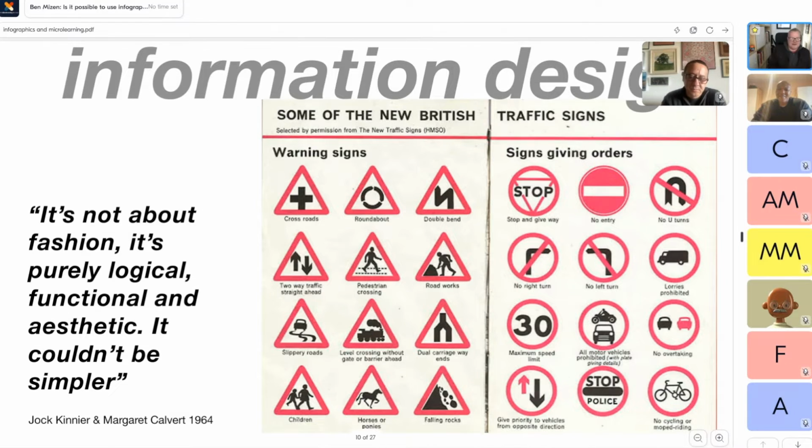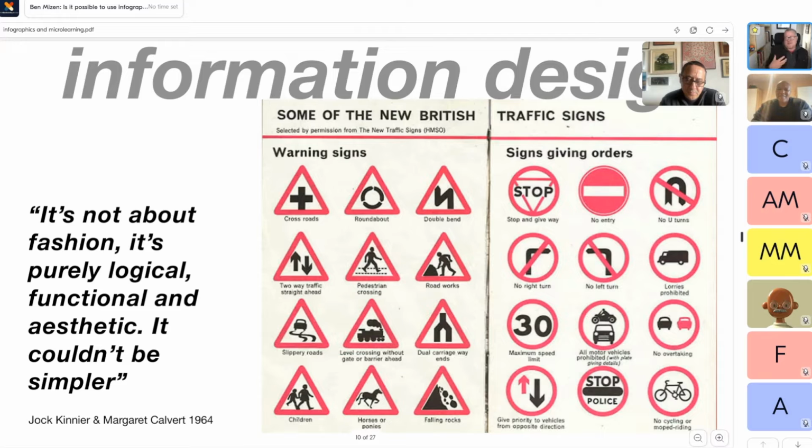So that's why they're on the slide. But information design is the practice of presenting information in a way that makes it most accessible and easily understood by users. Information design is targeted to specific audiences in specific situations to meet defined objectives.